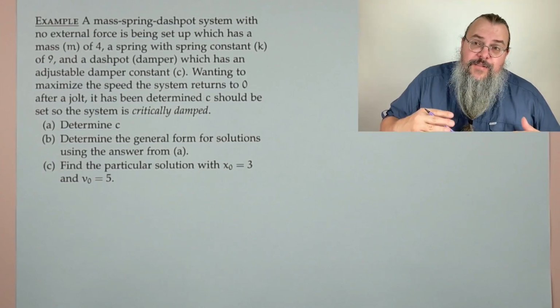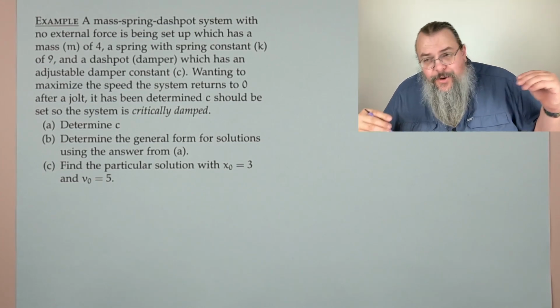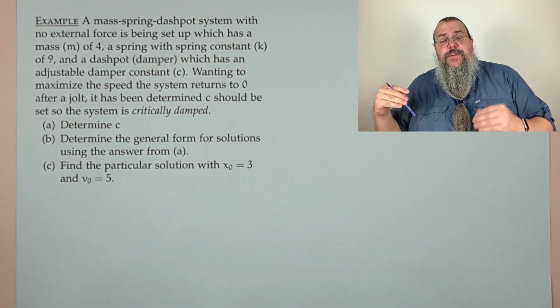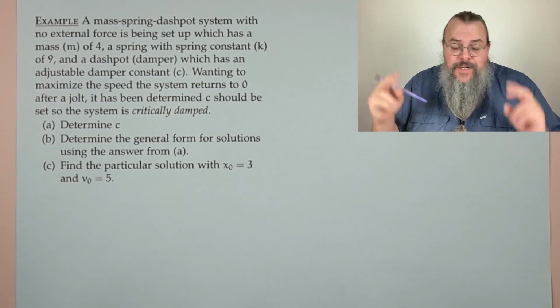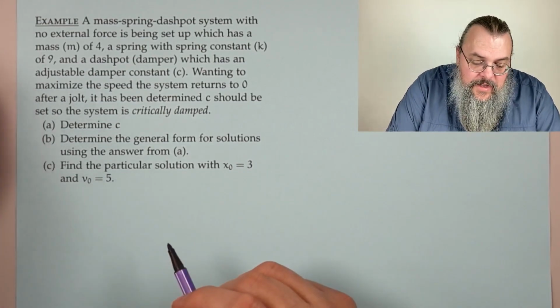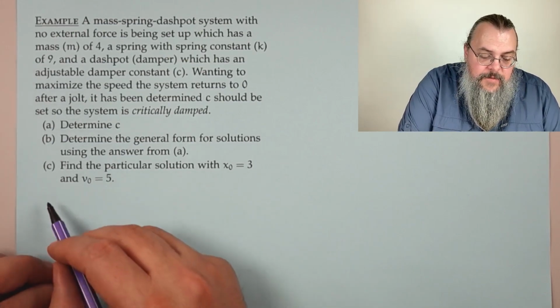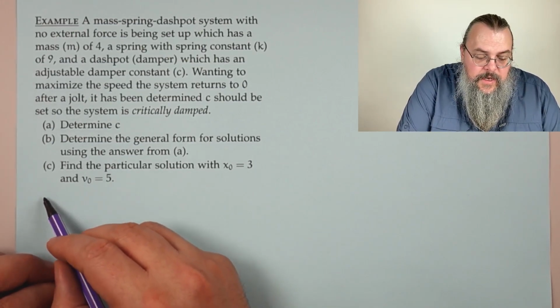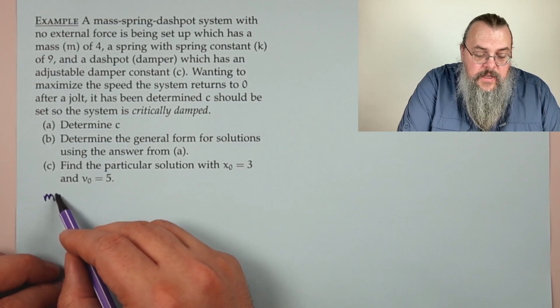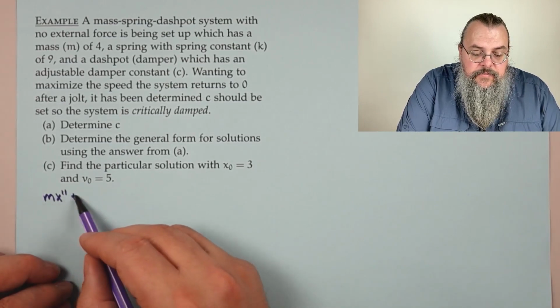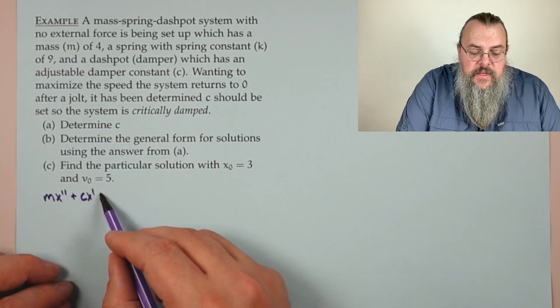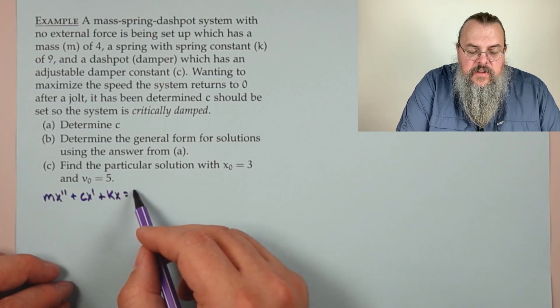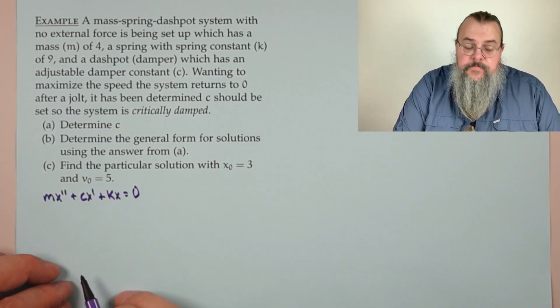There's lots of ways it can be under damped, but there's only one way to be critically damped, and that's repeated roots. So we say, okay, so what do we do? Well, we set up our differential equation. We have generically, m x double prime plus c x prime plus k x equals 0.